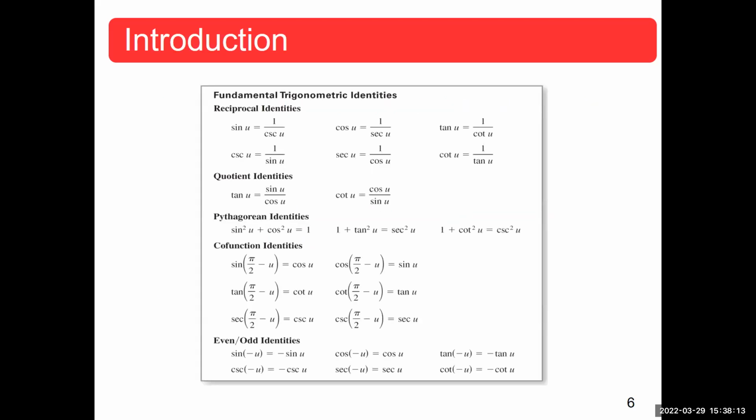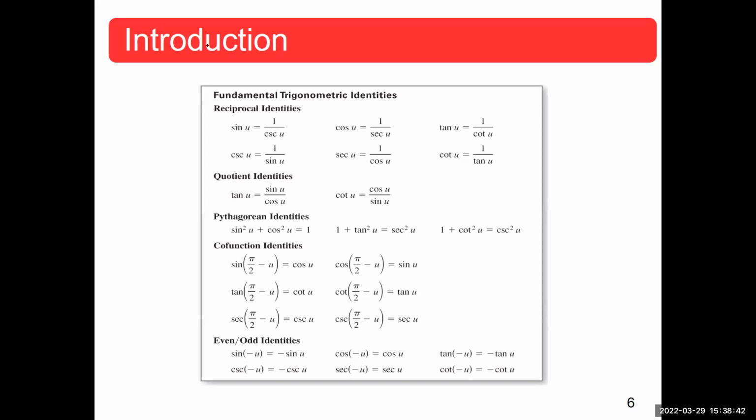All right. You can see this is the first set of formulas. We know some of them already. We know that cosecant is the inverse of sine.